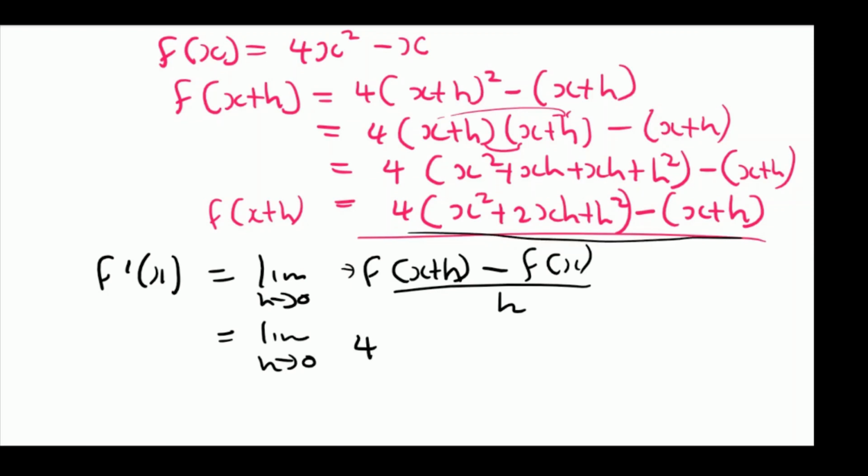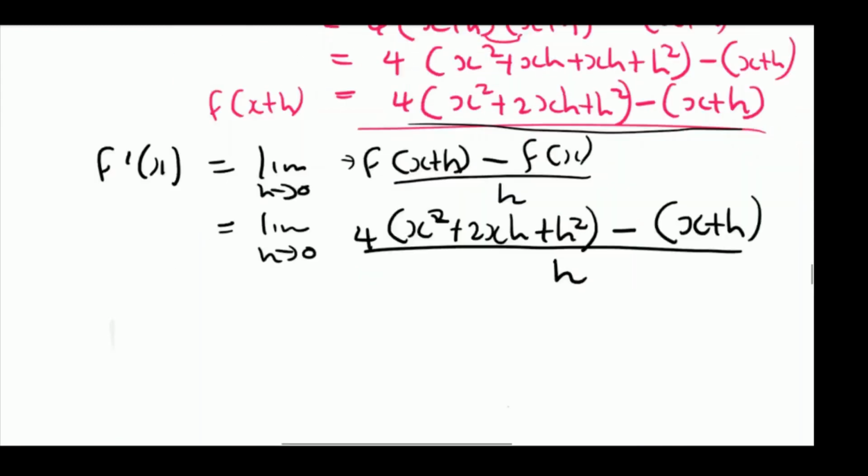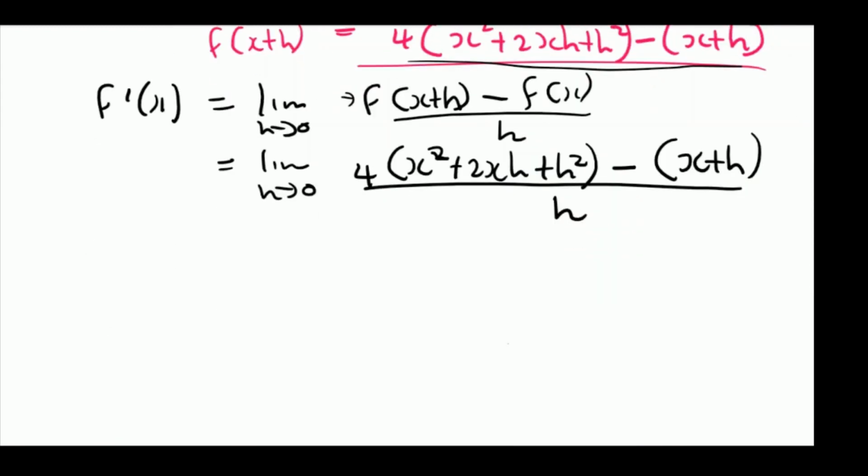So it's 4 into (x squared plus 2xh plus h squared), close bracket, minus (x plus h), right, divided by h. Then we're just going to multiply the 4 inside here.